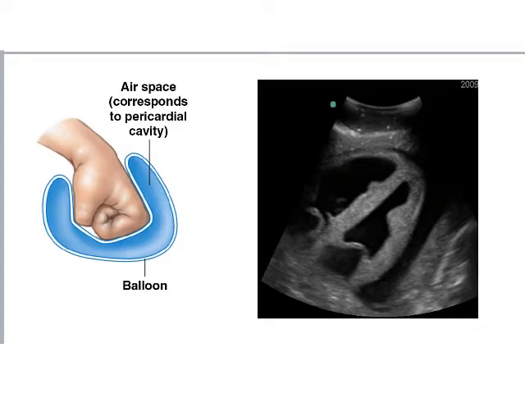We would see some of the complications, and one of them is an infection in the pericardial sac, which would cause pus to build up there. This is showing you an exaggerated picture of the pericardial cavity, with one layer lining the heart, which is the hand, and the other layer surrounding that.